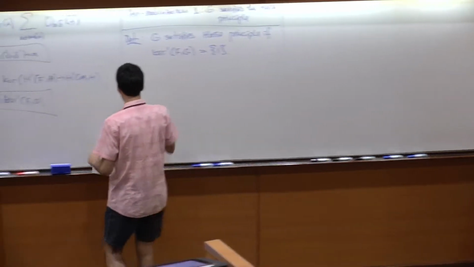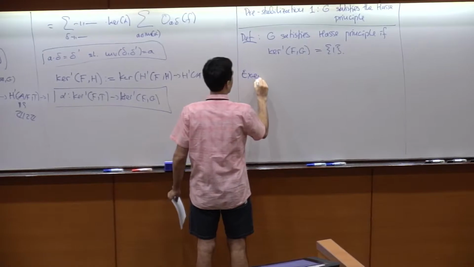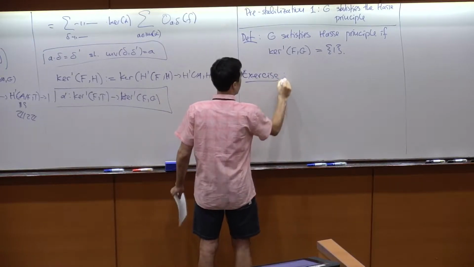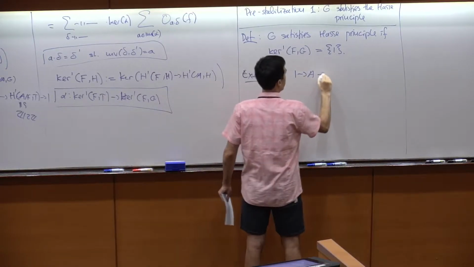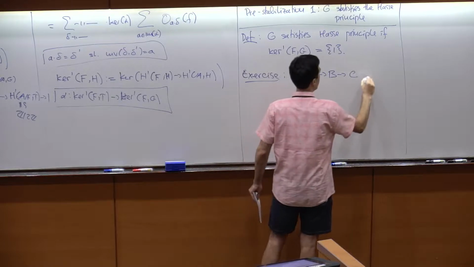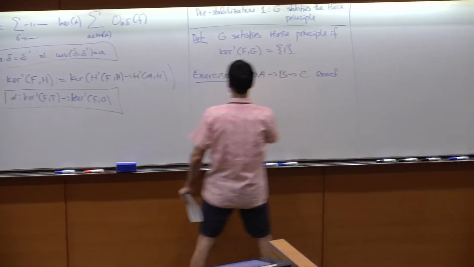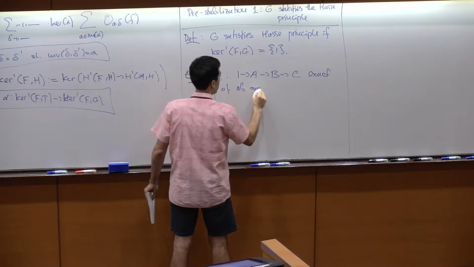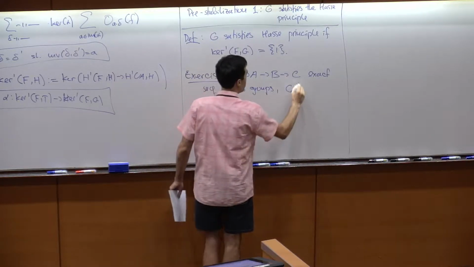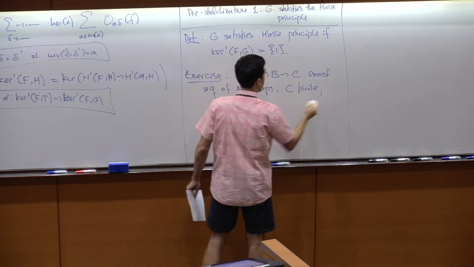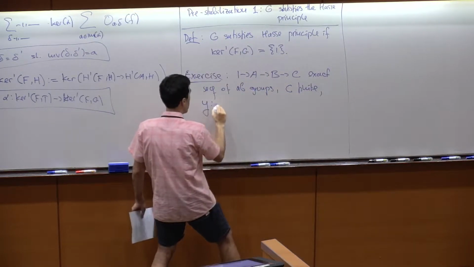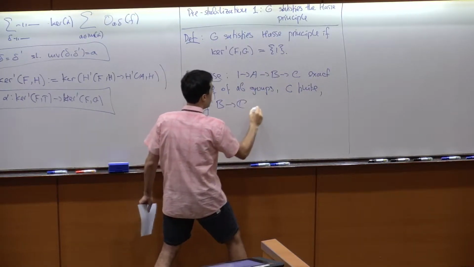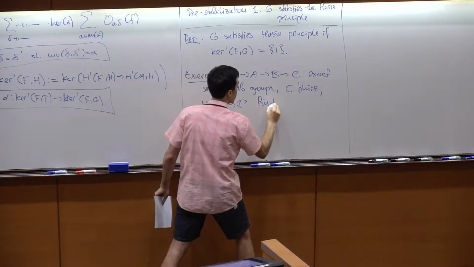And so here is an exercise. Let's say you're given an exact sequence of abelian groups, and C is finite. And you have some function y from B to C, which is finitely supported.